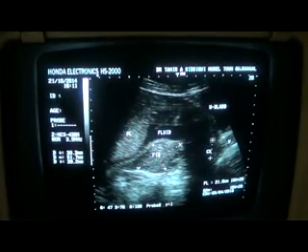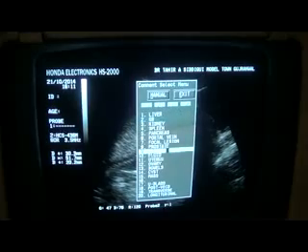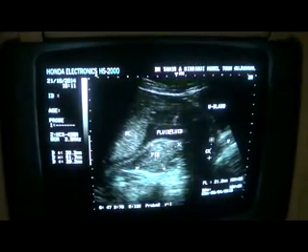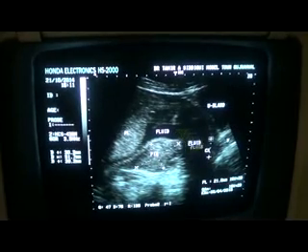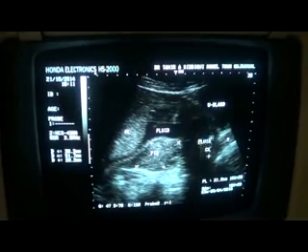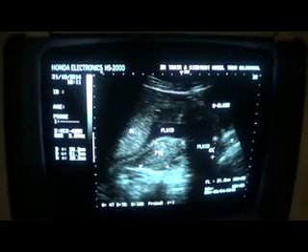So this fluid is in fact amniotic fluid tracking in the lower segment of the uterus, and this is the reason why the cervical canal is dilated up to 20 mm in the 16 weeks pregnancy.